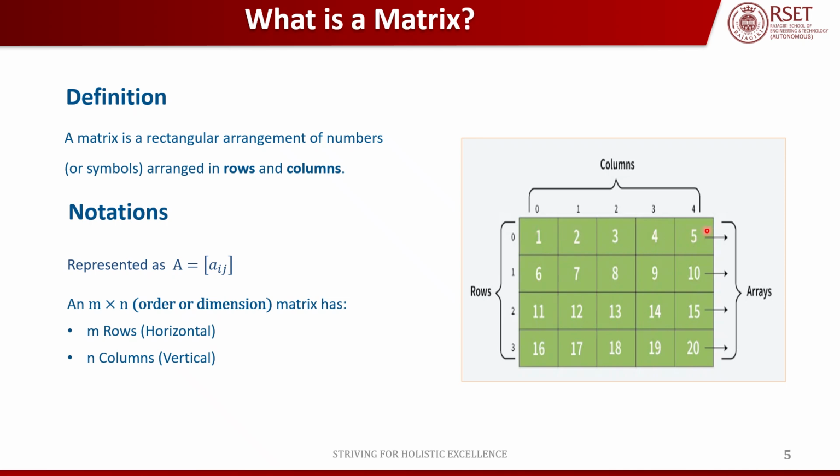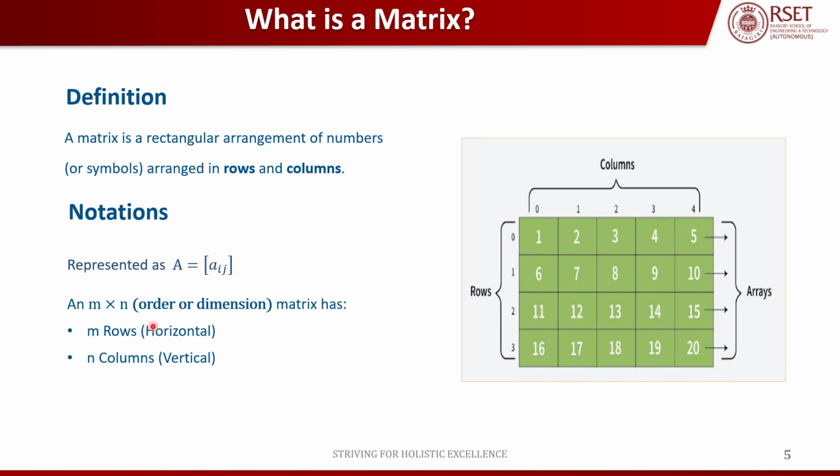In this matrix, you have 1, 2, 3, 4 rows, and you have 1, 2, 3, 4, 5 columns. So this rectangular arrangement is called a matrix. We always denote a matrix like A equal to, in square brackets, a_ij. So what is a_ij? a_ij represents the element in the ith row and jth column of the matrix.